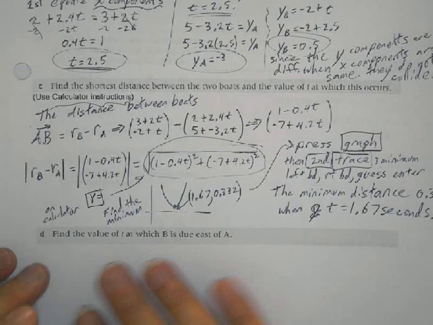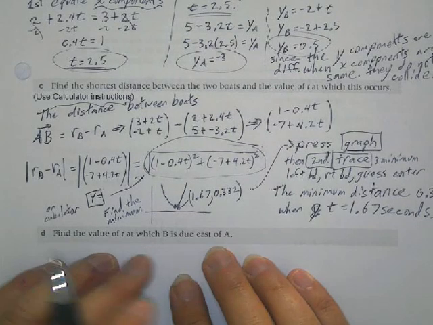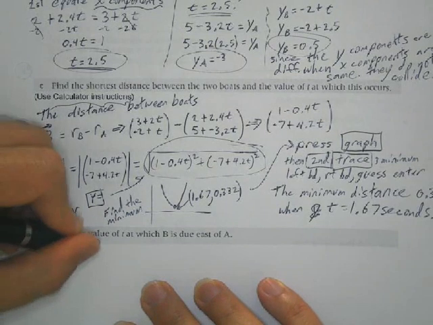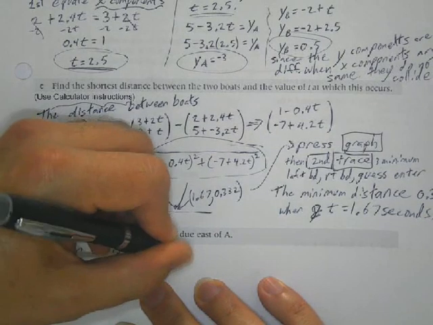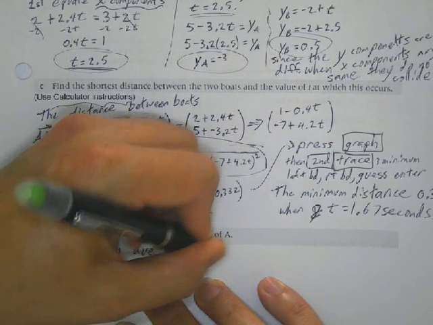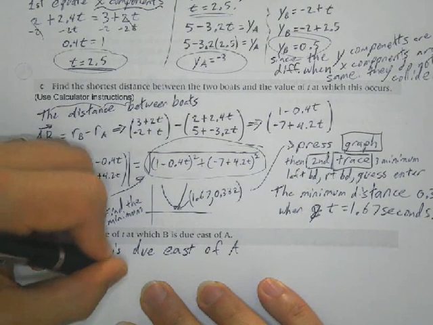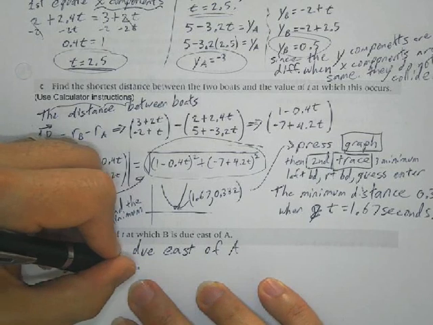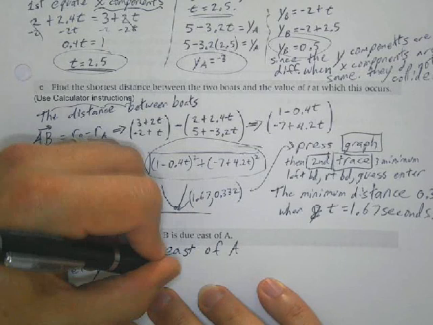So what is the value of t when b is due east of a? When b is due east of a, we set the y component equal to 0.